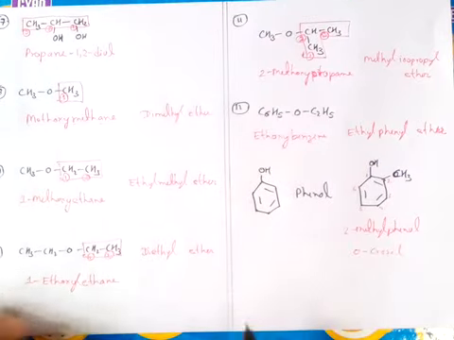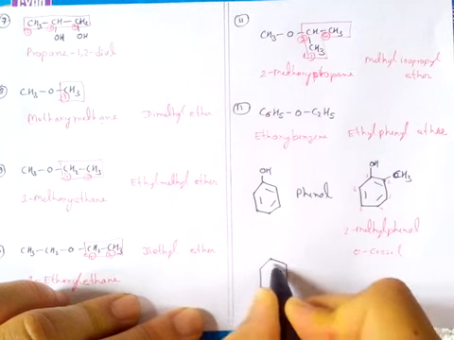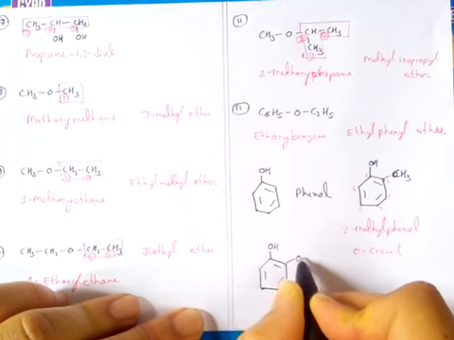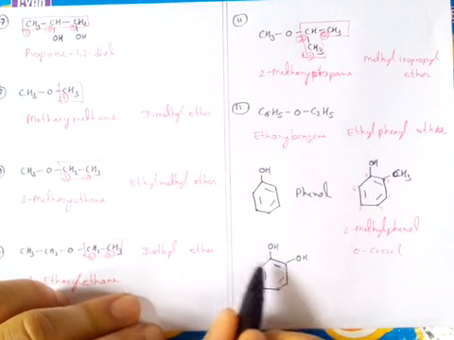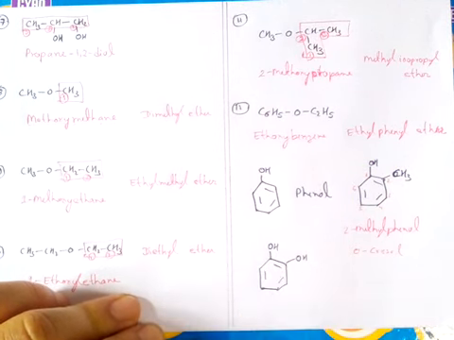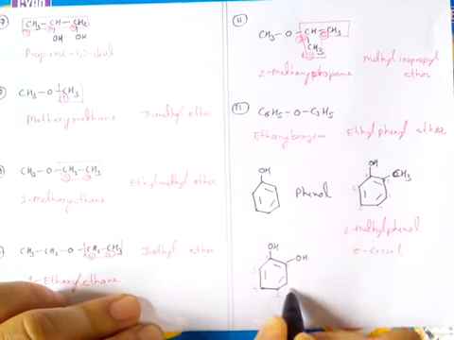Now another interesting group is this one. Suppose we have a benzene ring, and we have two OH groups here and here. Now which will be number 1, this or this? You can do it either way. Suppose 1, 2, 3, 4, 5, 6.